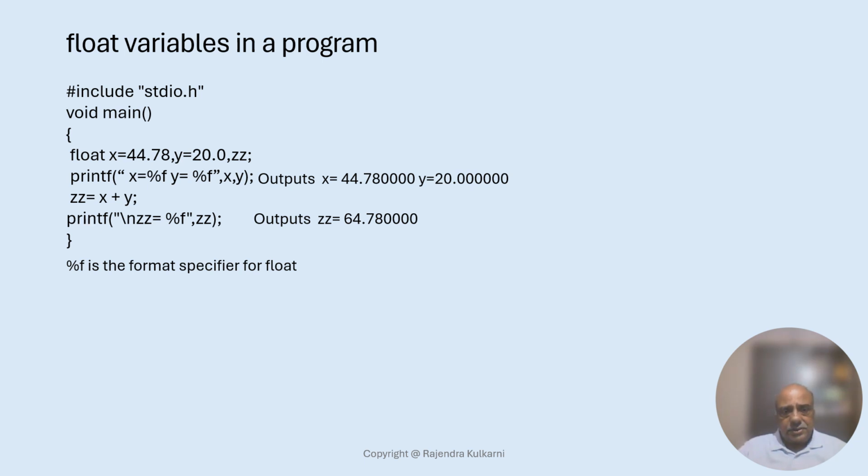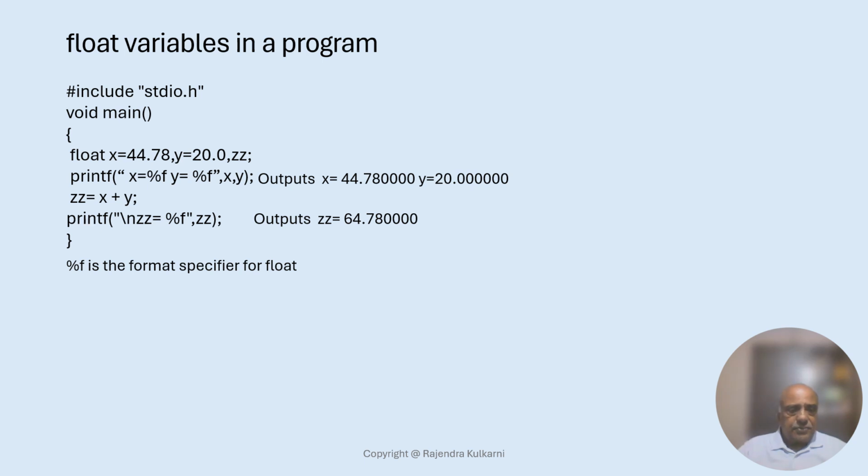Just the first variable needs to be declared as float. Then the names of the variables can appear in the same line separated by commas. There is no need to declare every time float x is equal to this much, float y is equal to this much, float z is equal to this much. It is not necessary.